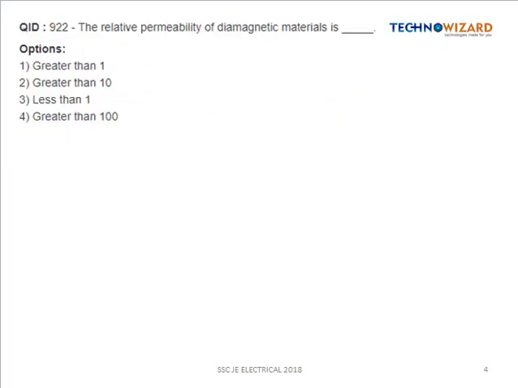Next question is, the relative permeability of a diamagnetic material is. So we know that the different types of magnetic materials are diamagnetic material, paramagnetic material and ferromagnetic material.